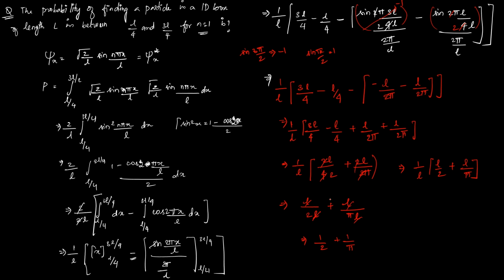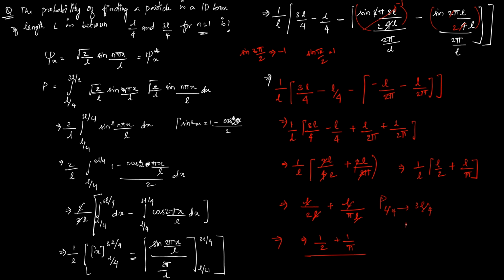Okay, so that's it. So here, what we mean is, here we are finding the probability between your limits L by 4 to 3L by 4. We are finding the probability. So if we say your n is an even number, what happens? Here we have taken n equal to 1. So for n equal to 1, this is going to be your probability.